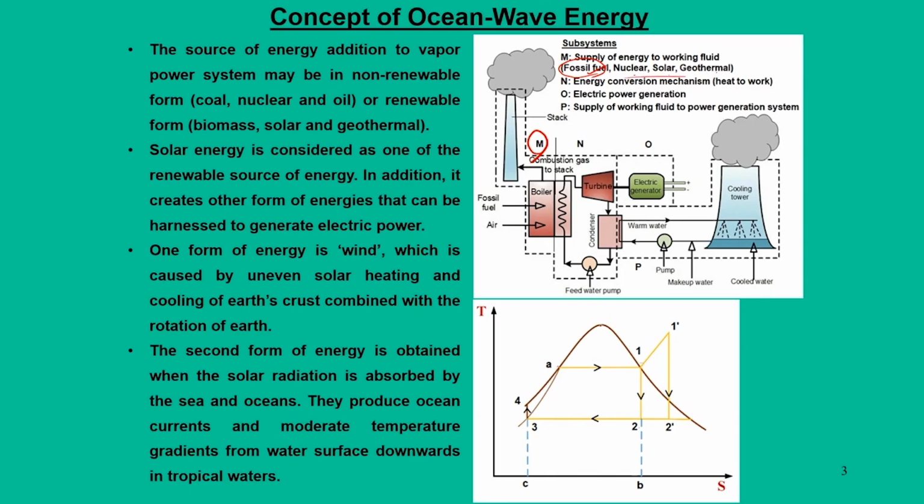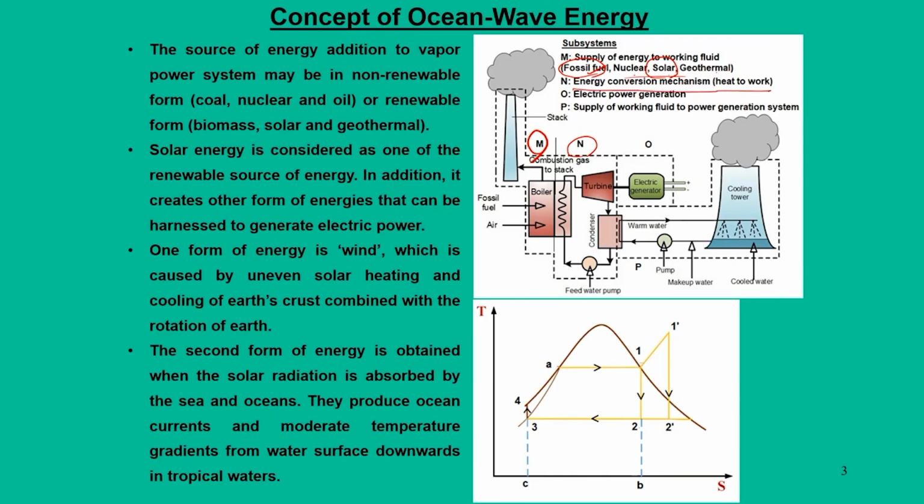Now, time has come when we want to harness energy from ocean waves, so we have to think about other sources, and mainly this concept of ocean wave energy is a kind of passive mode of solar heating. Then the other parts: we have region N, which is the energy conversion mechanism, that is heat to work.